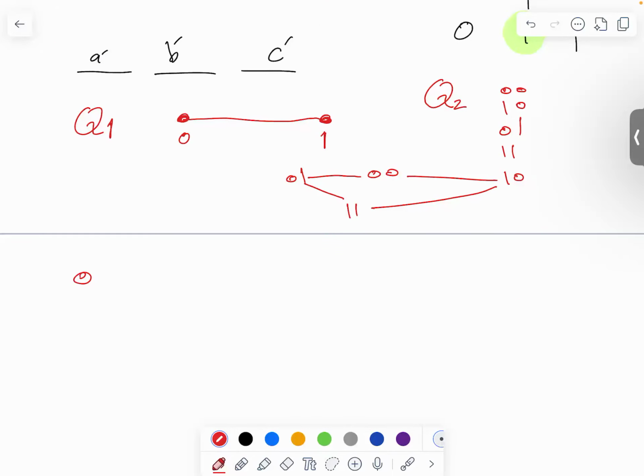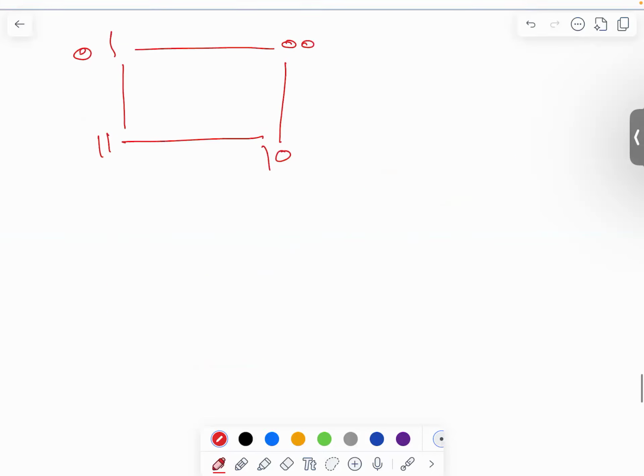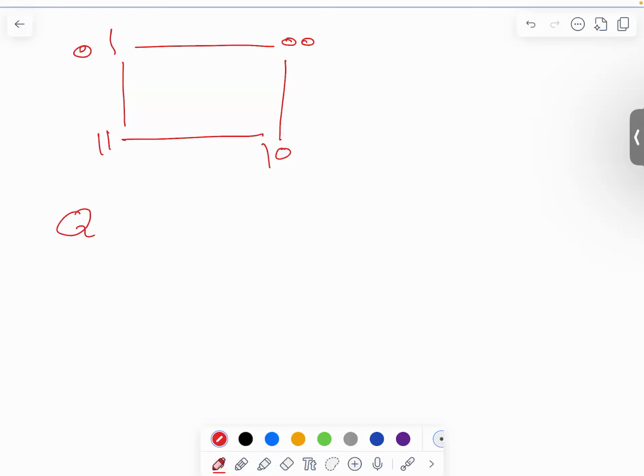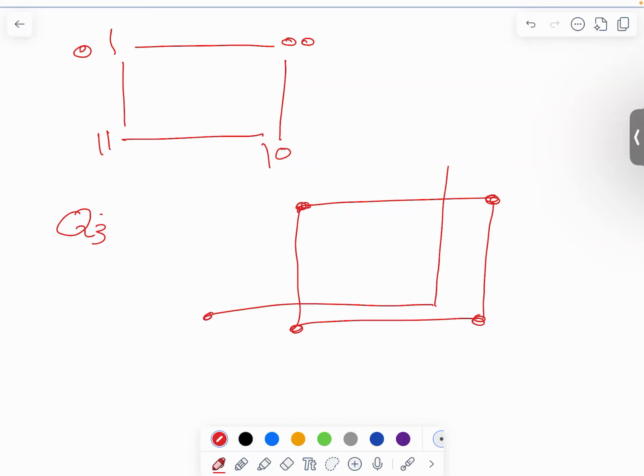So let's just do it neatly. What about Q3? Q3 has to be a cube as well. So let's call this one 0, 0, 0.